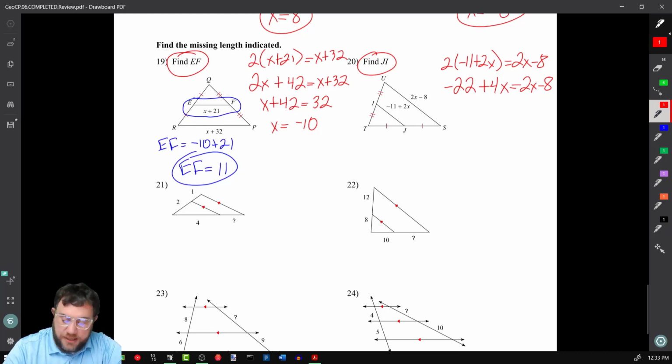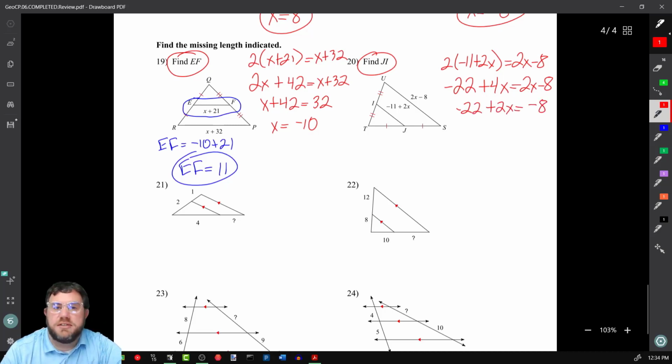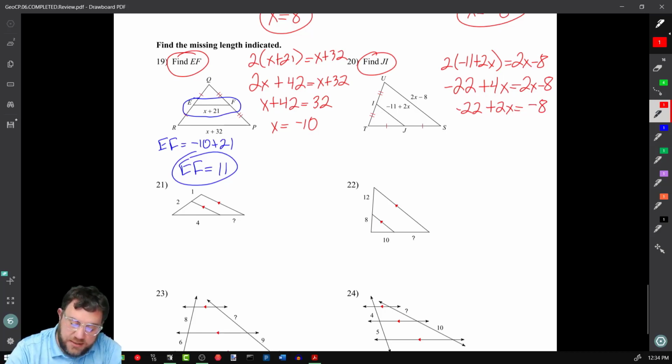We will subtract 2x from both sides. So we get negative 22 plus 2x equals negative 8. Then we'll add 22 to both sides because it's a negative 22. Negative 8 plus 22 is 14. So 2x equals 14. Then we'll divide both sides by 2.